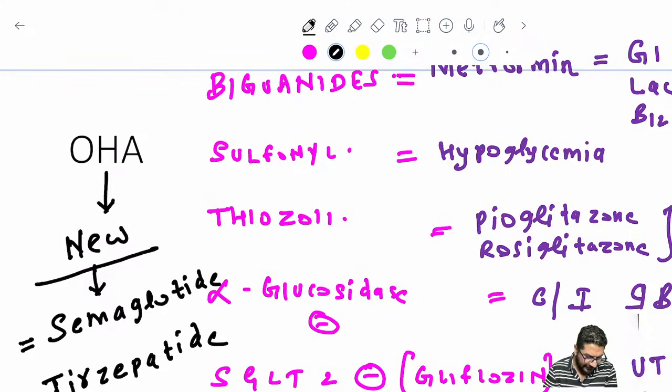Which is the newest anti-diabetic drug? Come on. Latest. Any other? Any other drug you know?